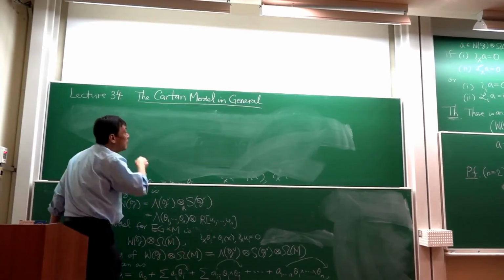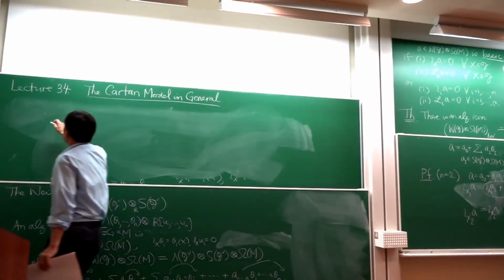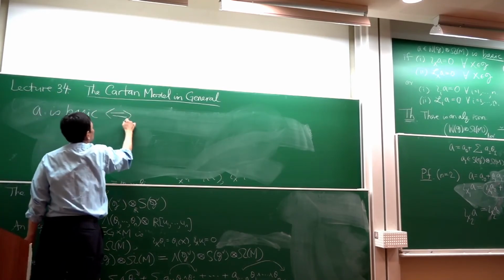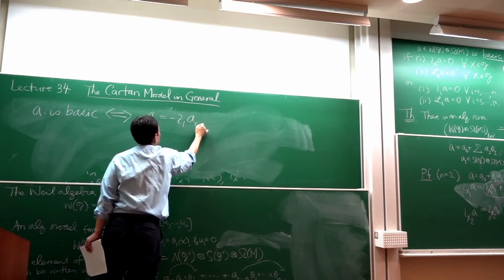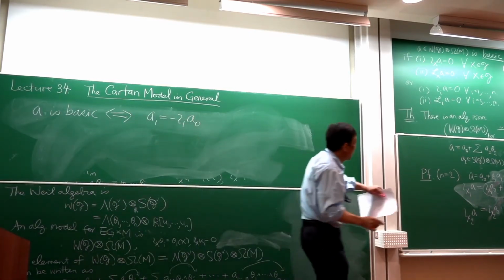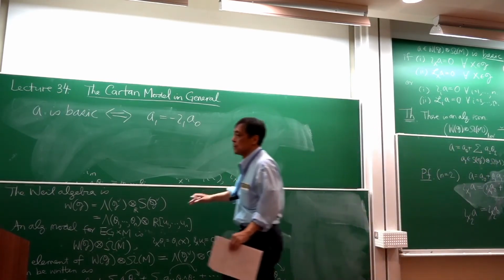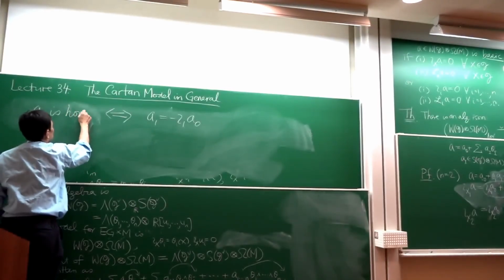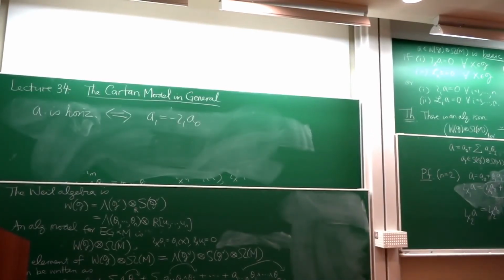So A1... we see that A is basic if and only if A1 is minus I1 A0. Sorry, A is horizontal. That's one condition. Now let's look at the terms with theta 1.